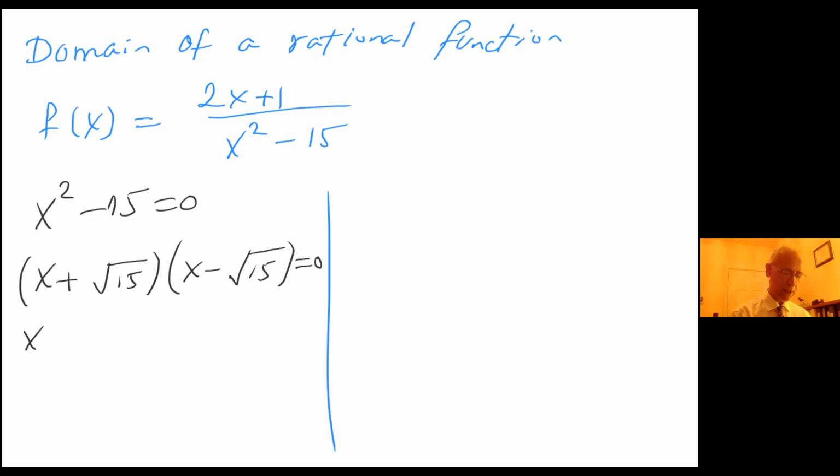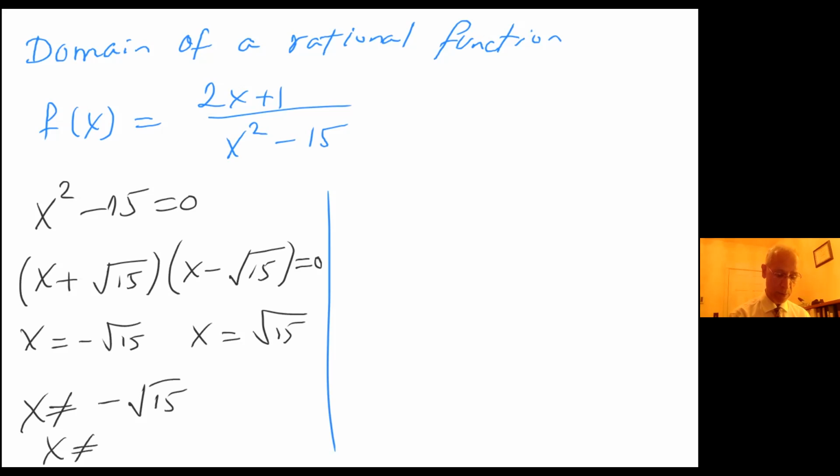So you have x equals -√15 and x equals +√15. So you know that the domain is all real numbers, but x cannot equal -√15, and x cannot equal +√15.